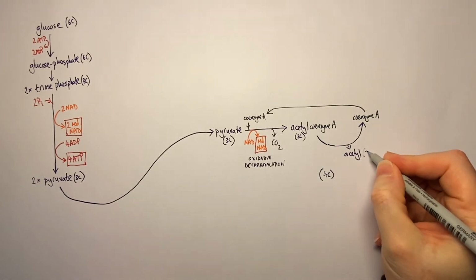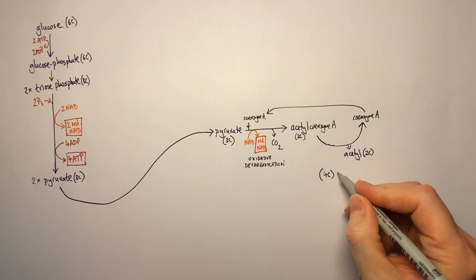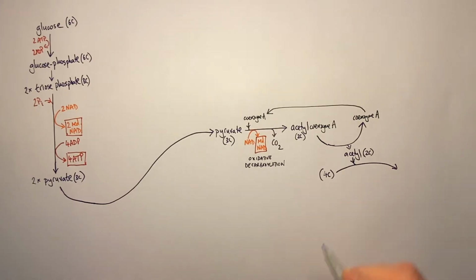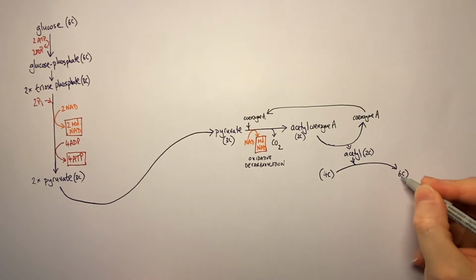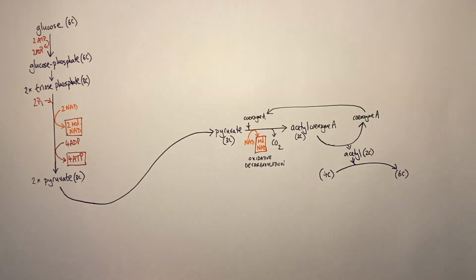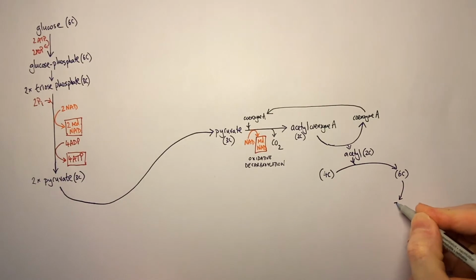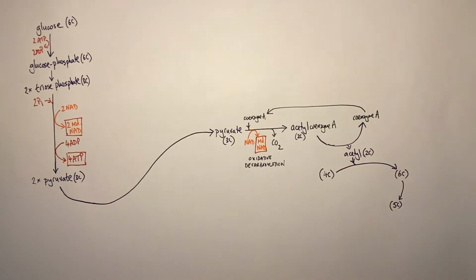So this acetyl group is 2 carbon. It joins to a 4-carbon compound, which you don't need to know the name of. And that, of course, will form a 6-carbon compound. That is then converted into a 5-carbon compound.